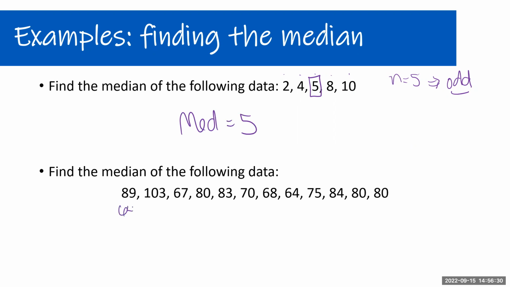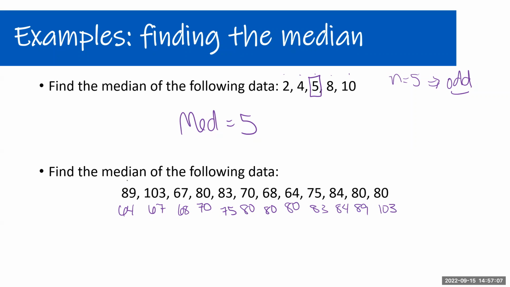But putting them in order, we're going to have 64, 67, 68, 70, 75, 80, 80, 80, 83, 84, 89, and 103, okay? Good idea to mark them out as you're writing them, whatever, count how many you started with, count how many you ended up with, make sure you don't lose one. Sounds trivial, but it's incredibly easy to lose one, okay?